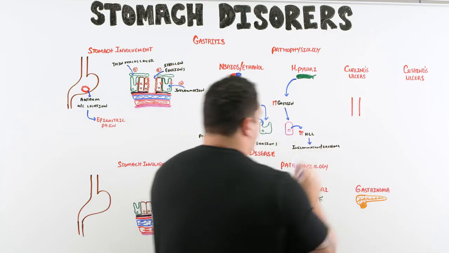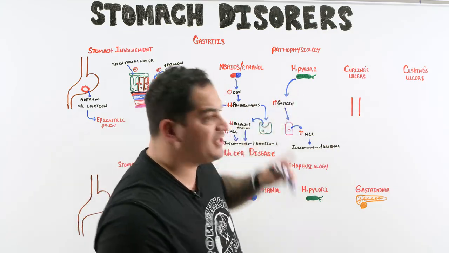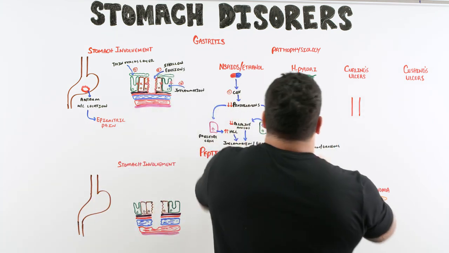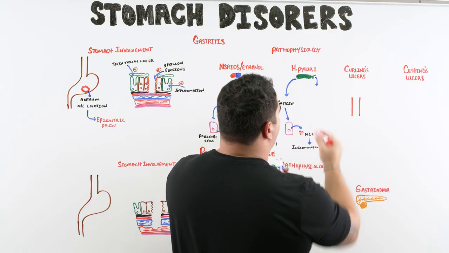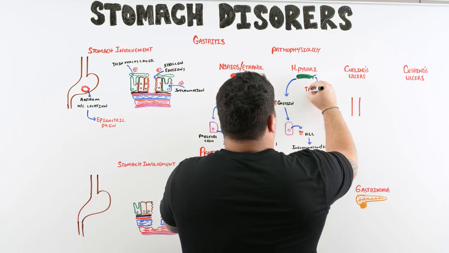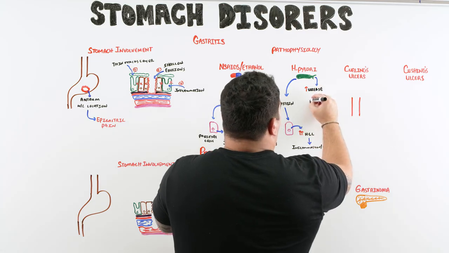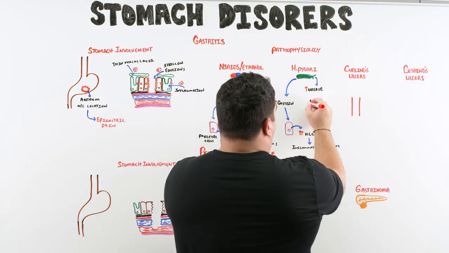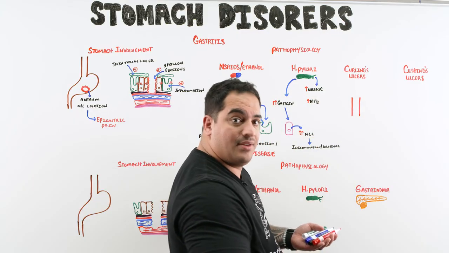The other concept is a little more complicated, and this is actually the big one. I think this is really pertinent to your actual diagnostics. H. pylori is interesting because it makes an enzyme called urease. Urease, thus the name, breaks down urea and converts it into ammonia. They make lots of ammonia because there's lots of urea naturally within our stomach contents.